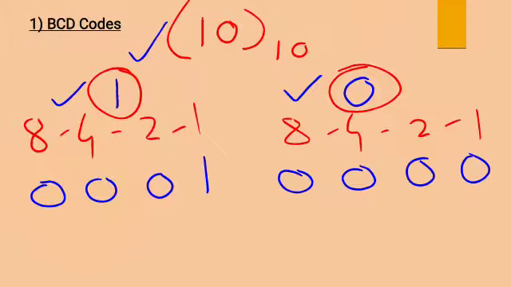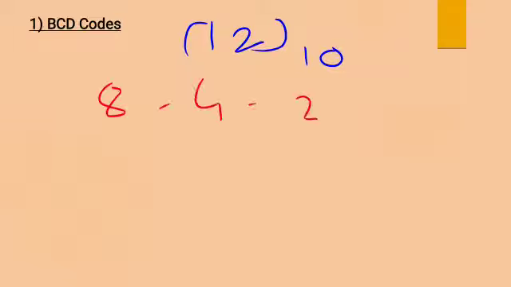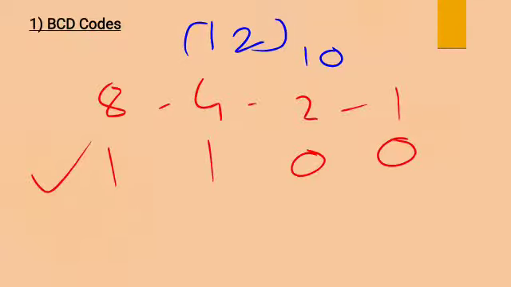In the same way we can write a BCD code and binary code for 12. First we will write the binary code for 12 using the 8421 formula. So its binary code will be 1100. We already studied this in the previous lectures.